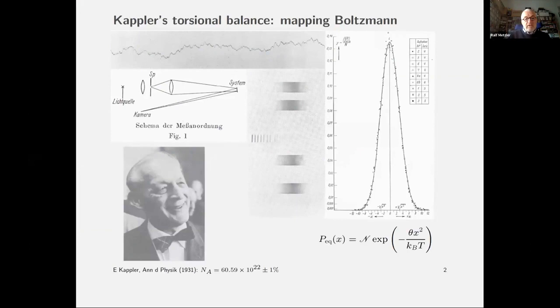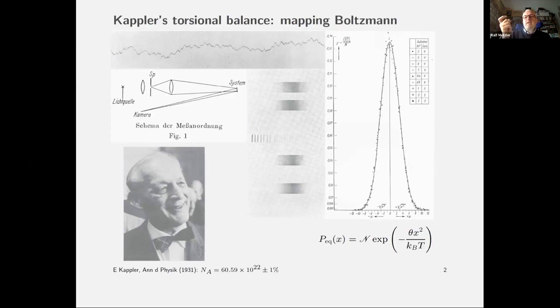So I want to feature this article by Eugen Kapler, one of the pioneers of diffusion measurements. You know the Einstein relation, the connection between the diffusion coefficient and thermal energy. With his experiments, Kapler managed to extract Avogadro's number to a remarkable accuracy.